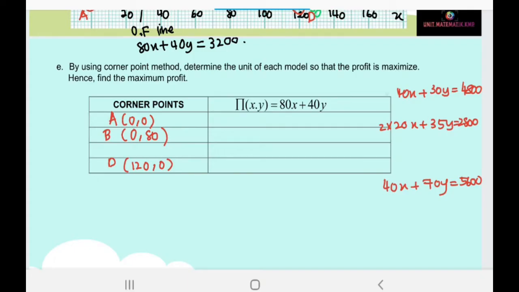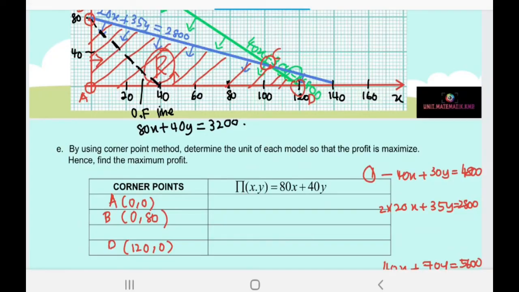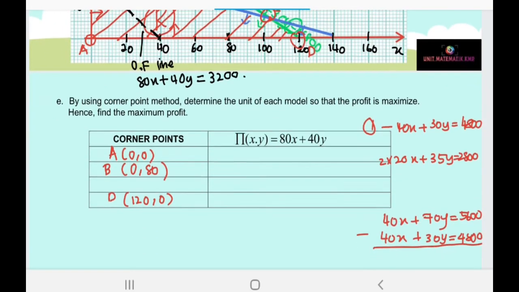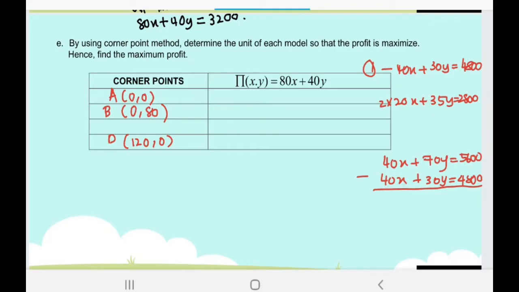And then we take back the first equation, 40x plus 30y equals 4800. This is how we find the point C by solving simultaneous equations. So we will get 40y equals, after we subtract, 800, so y equals 20, and then substitute back into the first or the second equation.